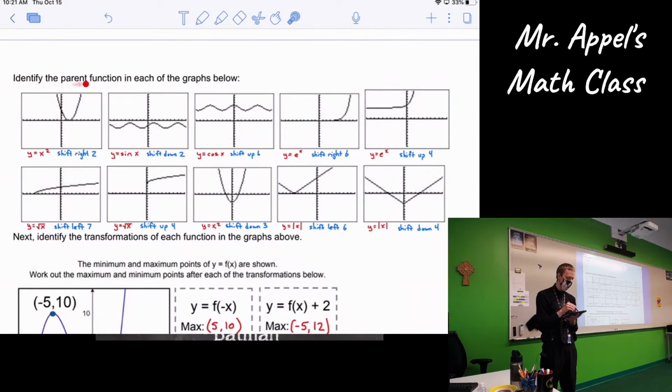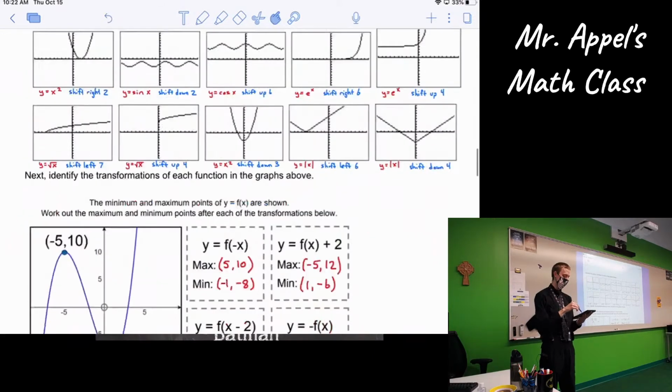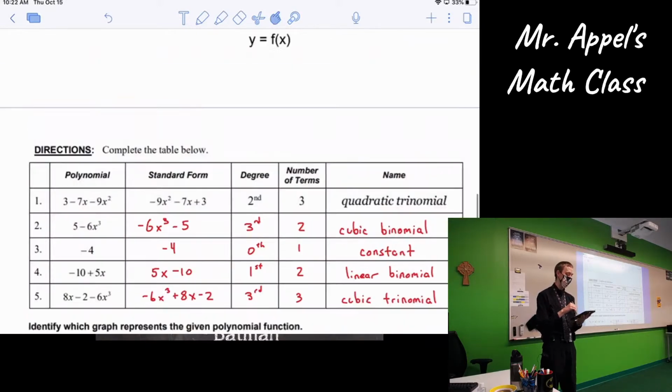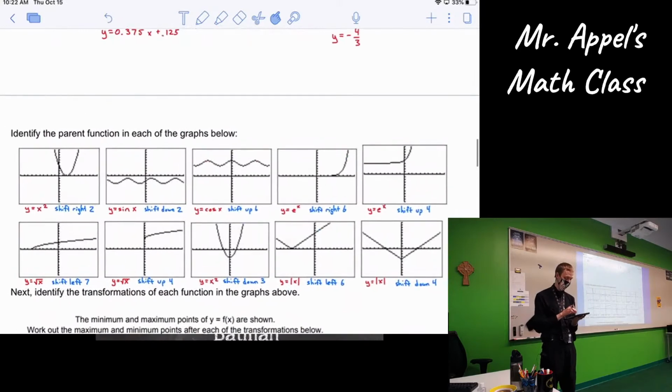So if I say parent function, give me an equation. If I say type of function, then you would just say the name, like the table we filled out. Oh, it's a cubic function. It's a linear function. Good question, though. Thank you.